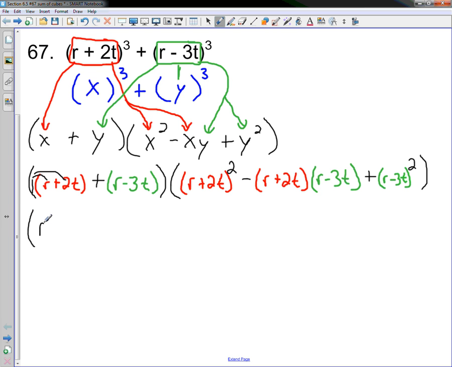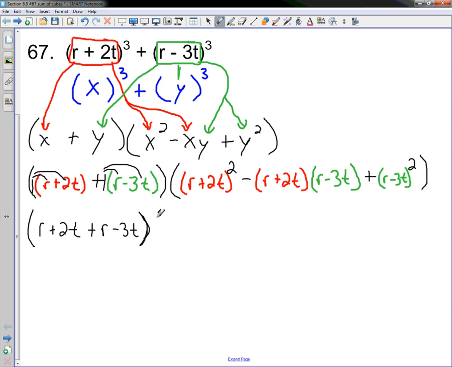I'm left with r plus 2t, plus I'm going to take a 1 and distribute it in. So that's going to give me plus r minus 3t. And again, the plus 1 is not going to make a difference. What's going to make a difference is when we have subtractions like this. We really need to be careful.